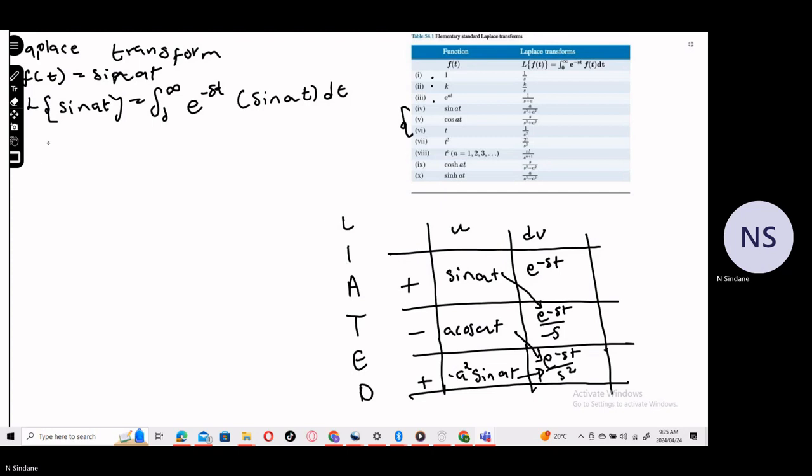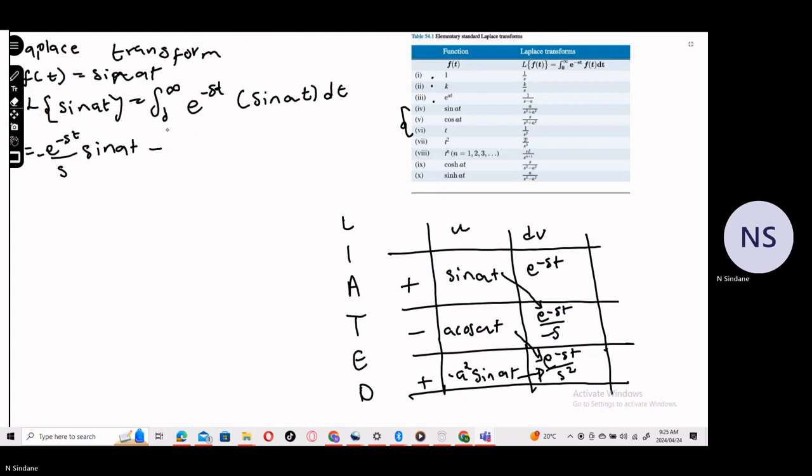So this will be equivalent to negative e to the power negative st over s sine of at, right? Then minus a cos of at. Okay, let me start with e.